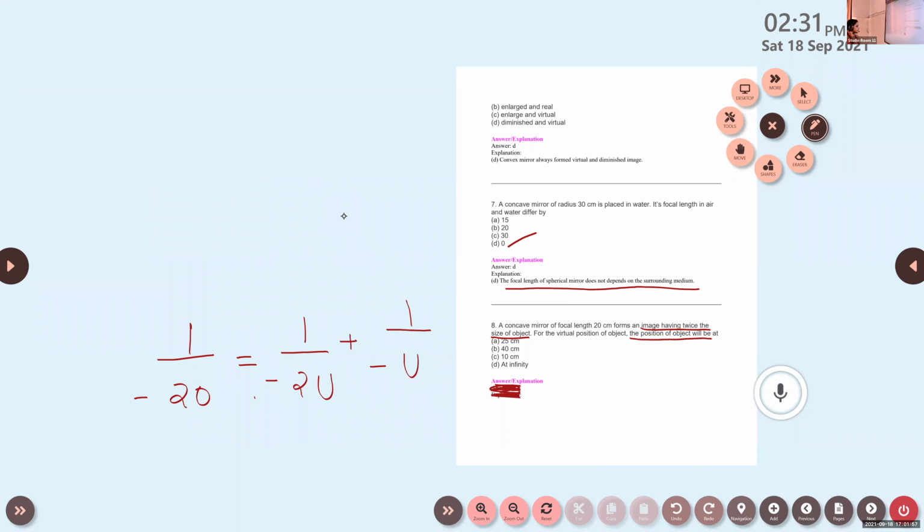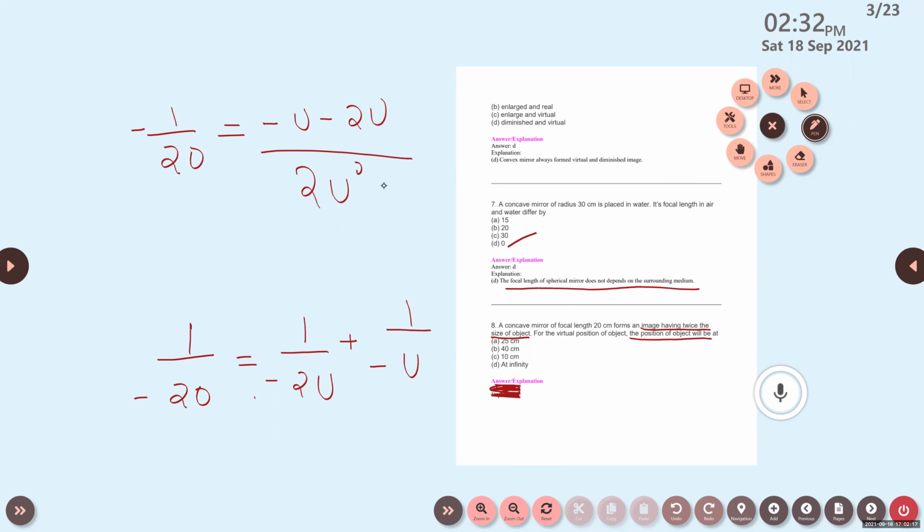So it becomes minus 1 by 20 is equal to minus u minus 2u divided by minus 2u into u, which becomes 2u square.